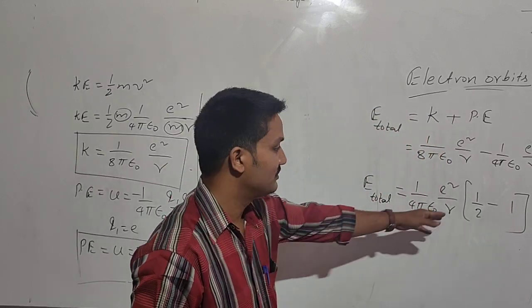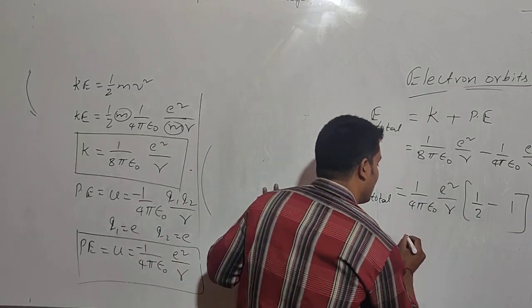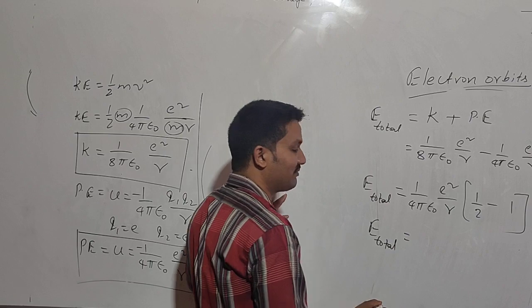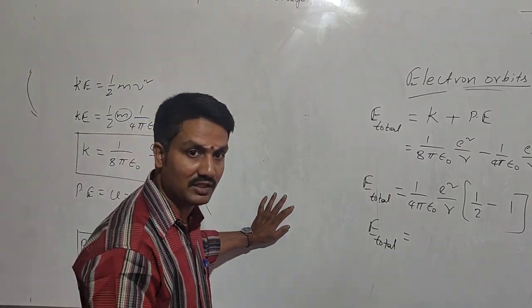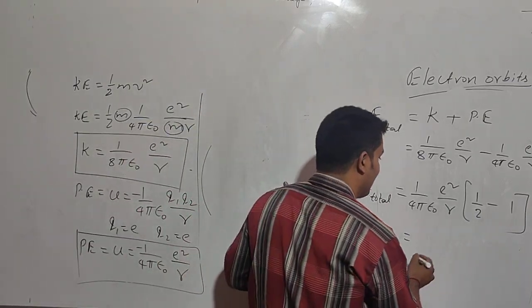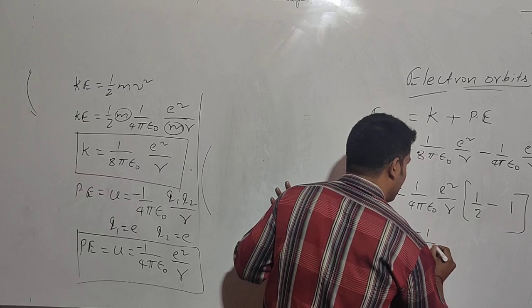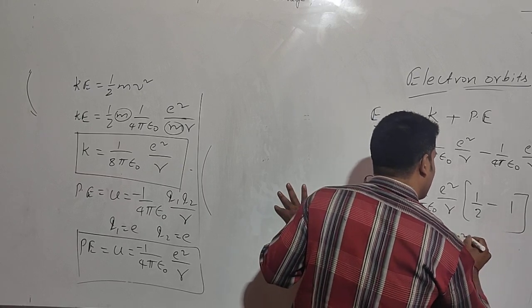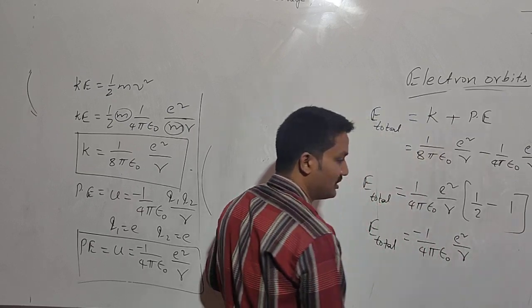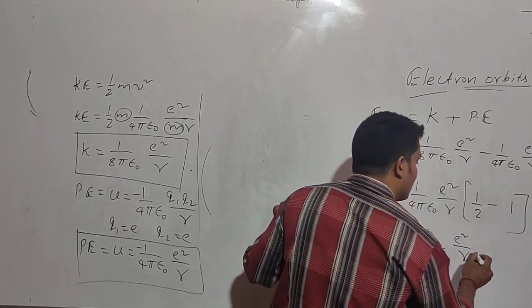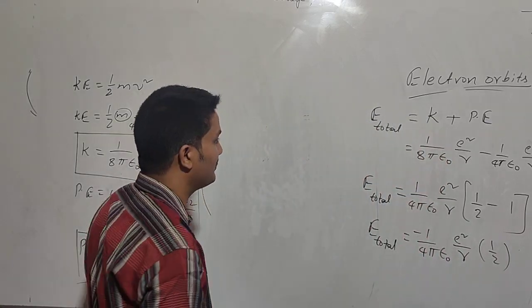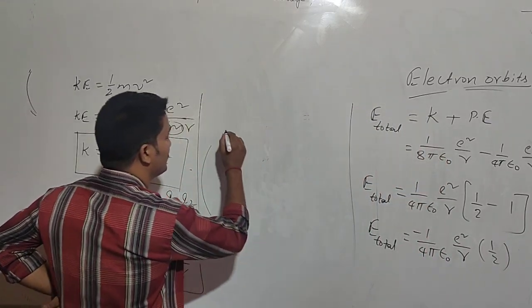Therefore, the total energy of an electron within the orbit is minus 1 by 4 pi epsilon naught e square by r into half.